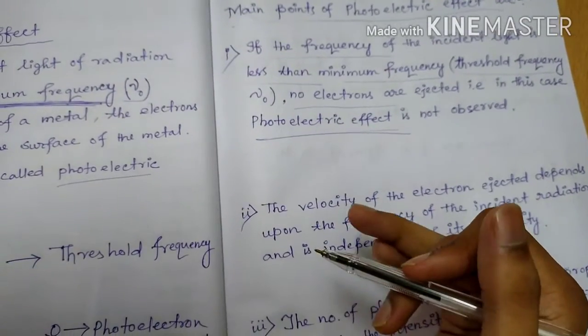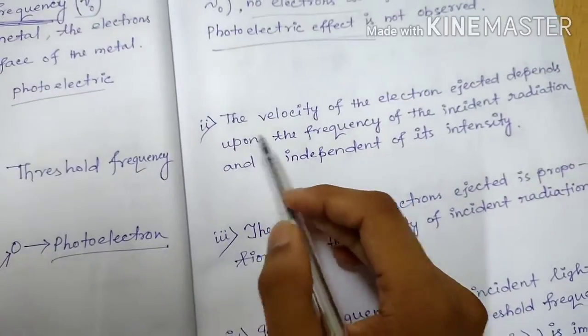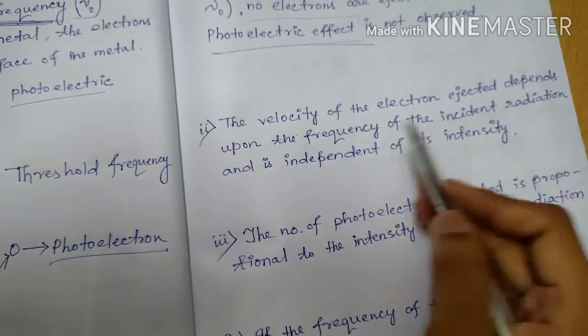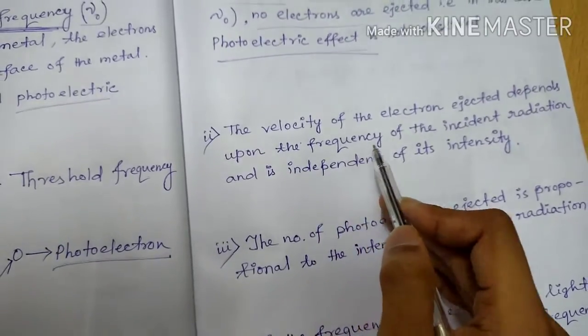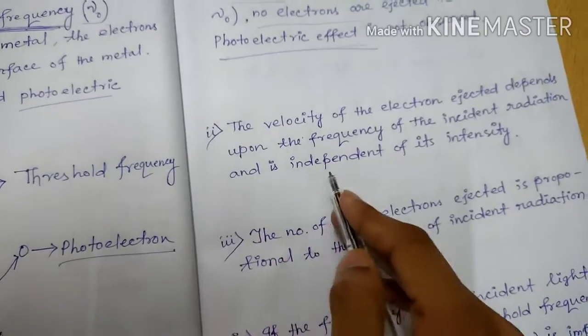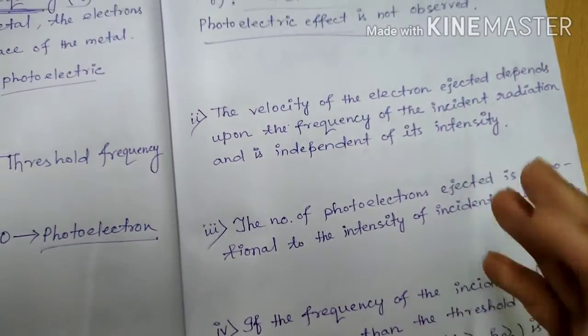Now come to the number two. The velocity of the electron ejected depends upon the frequency of the incident radiation and is independent of its intensity. Okay.